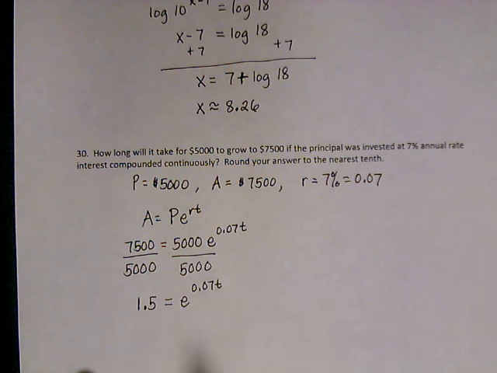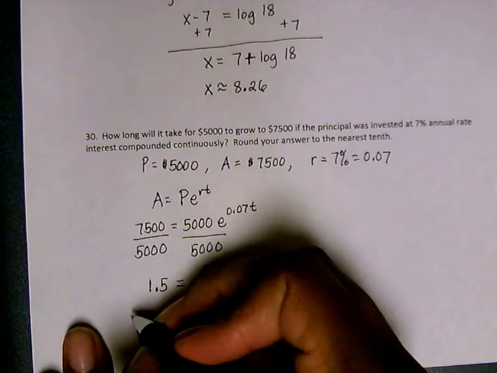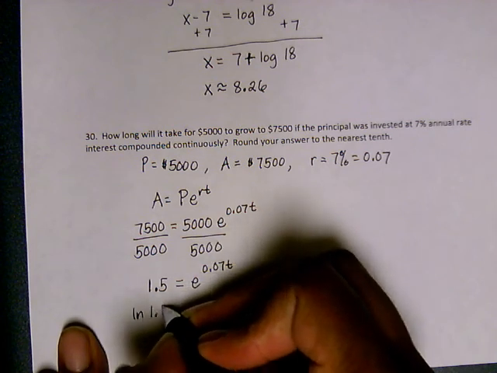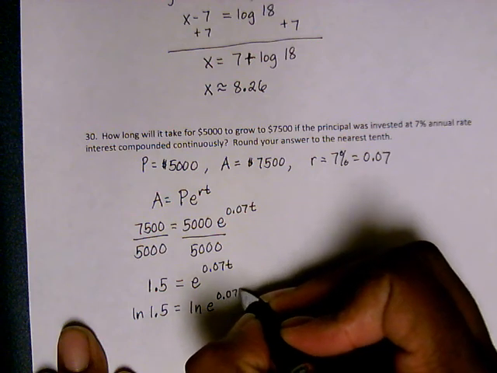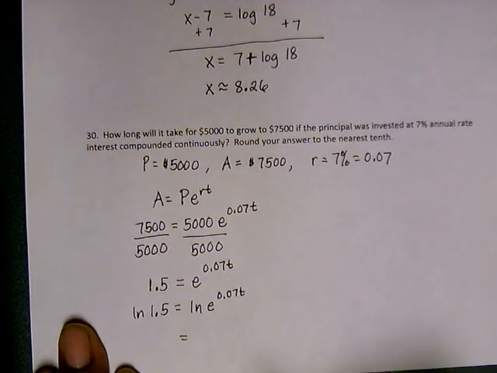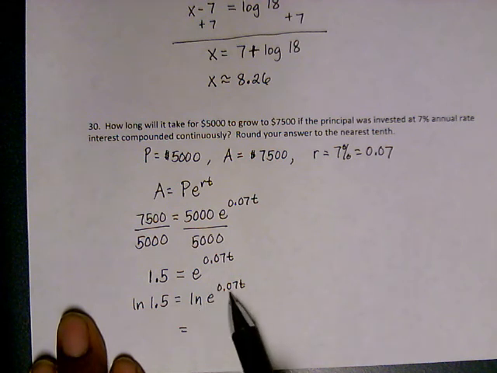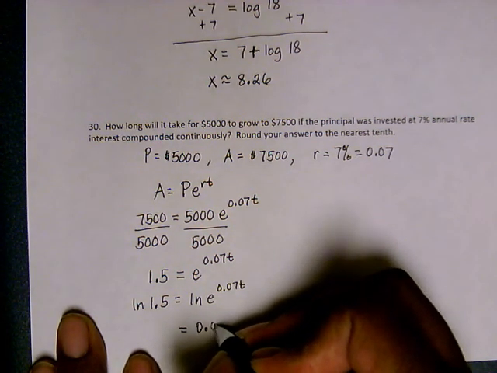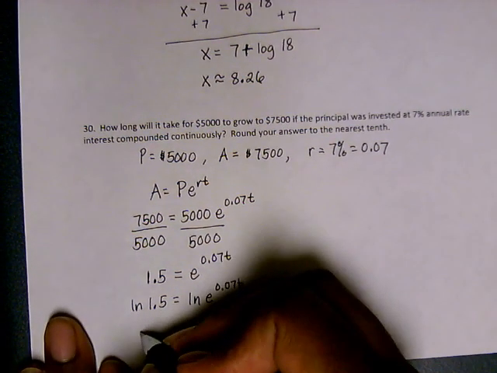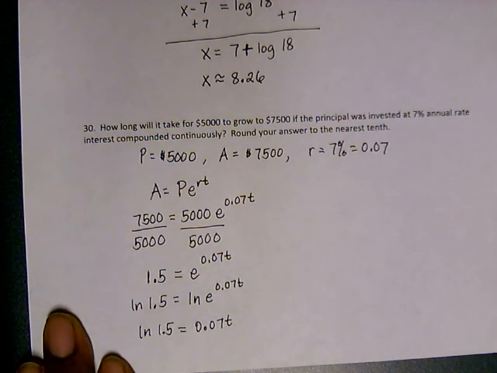Now since e and natural logarithm are inverses, I'm going to take the natural log on both sides of this equation. And in this case here, if you have ln of e to whatever this exponent is, it is that exponent. So ln of e to the 0.07t would be 0.07t. Then that would be equal to the ln of 1.5.